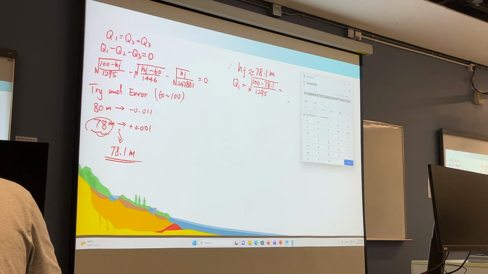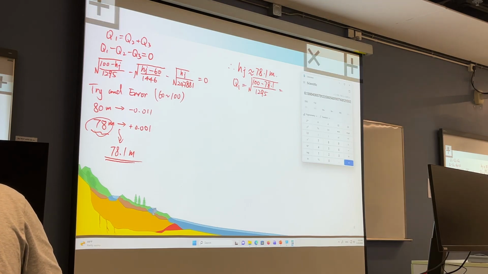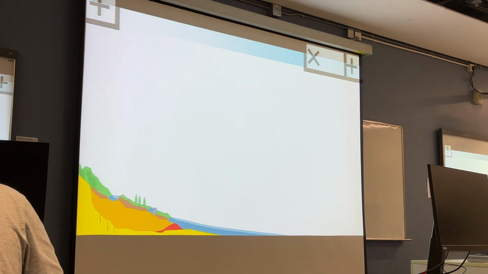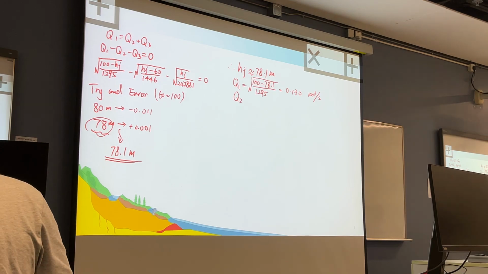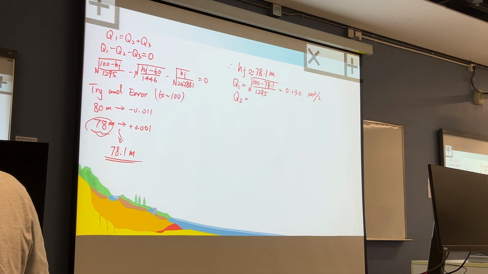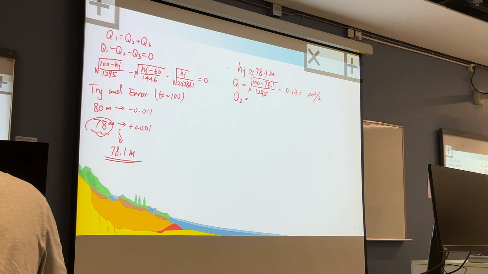It's around 0.130, okay? Meter cube per second. Usually, if there is no specially mentioned, we usually take 3 decimal places, okay?